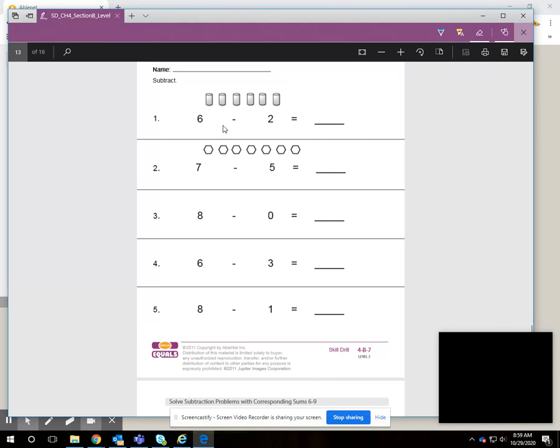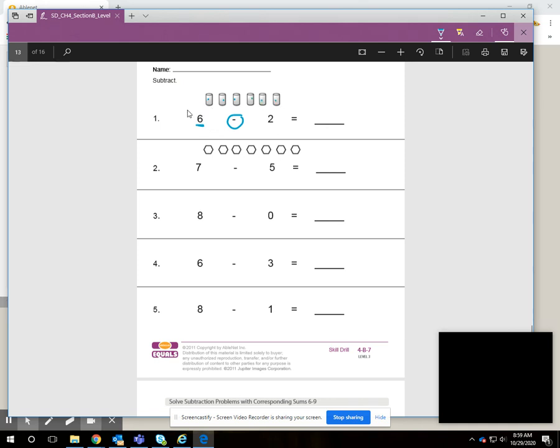Okay, so looking at this first equation, it says 6 minus 2. So we start with this 6 right here, and as you can see, they put the pictures in for you on this first equation. So they counted 1, 2, 3, 4, 5, 6 cylinders for you.